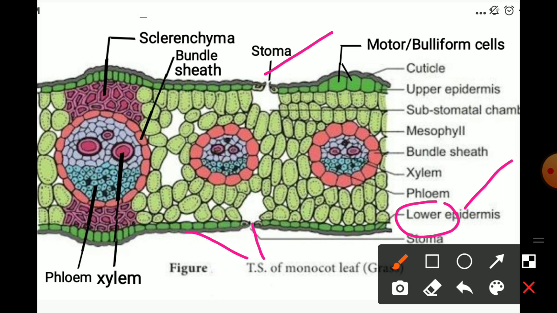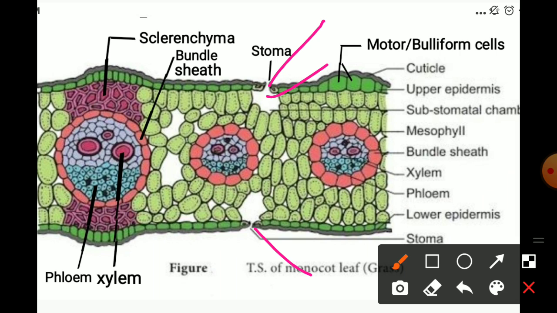Just as in the upper epidermis there is a pore or opening for respiration and transpiration, the lower epidermis also shows pores or stomata for transpiration. So over here we can say that both in the upper epidermis and the lower epidermis, the stomata are present.